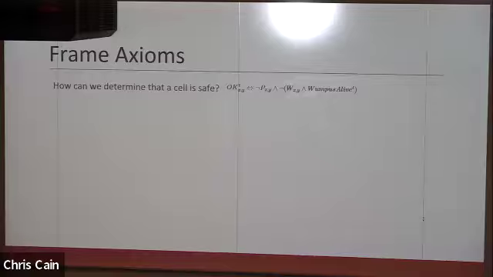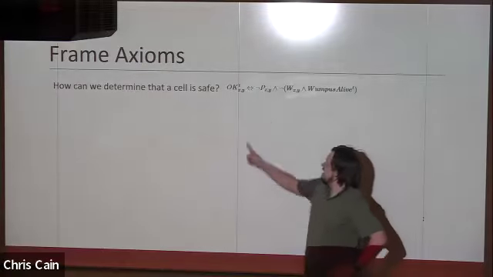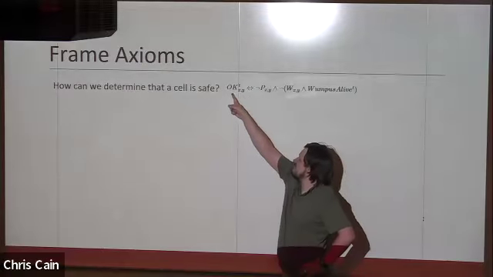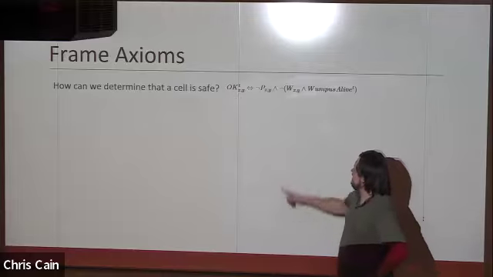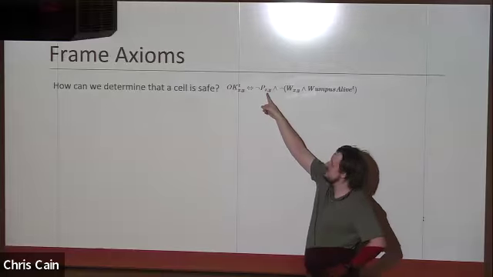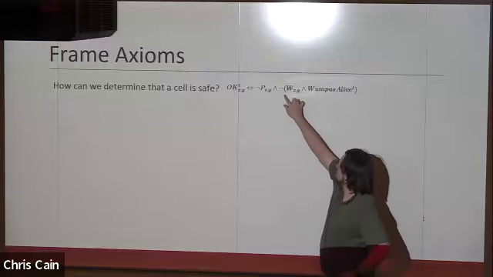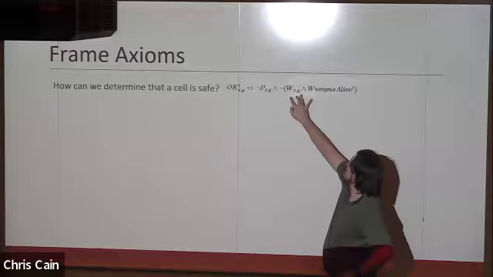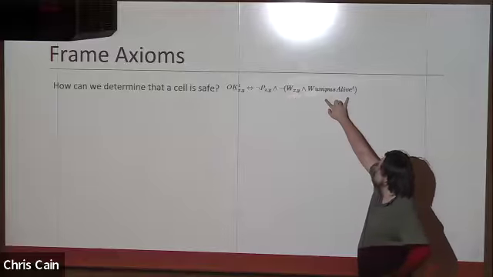So determining that a cell is safe, that's something that you could also put in terms of one of these frame axioms. So cell XY is safe at time t if there is no pit at XY and there's either, so it's the negation of the wumpus that is at XY and the wumpus is alive.